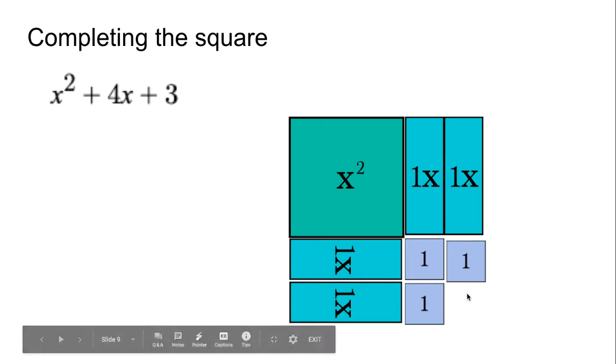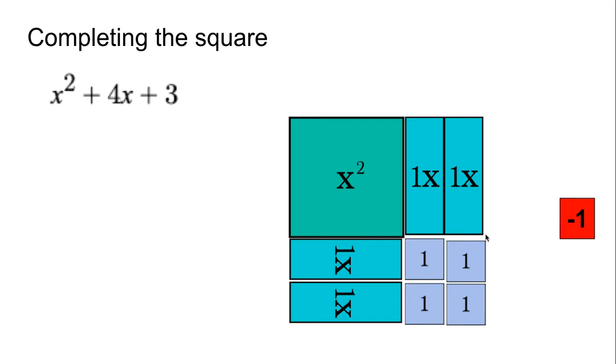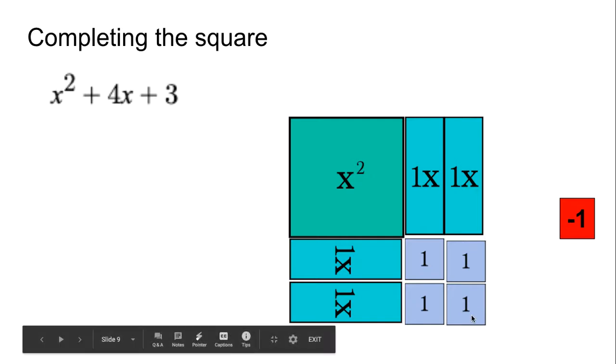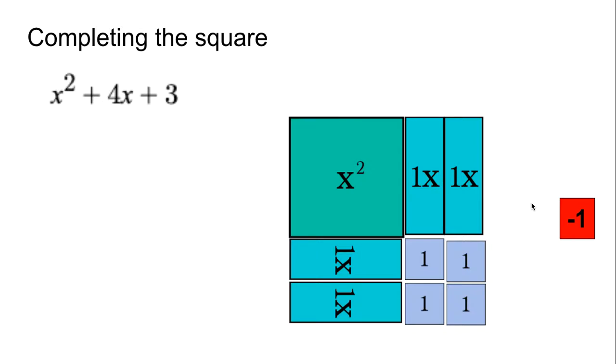I have to complete this square by adding 1. But I can't just add 1 to my expression. That changes the expression, so I have to be clever. If after I add 1, I subtract 1, what I've really done is I've added 0. So this is a clever use of the identity property of addition.